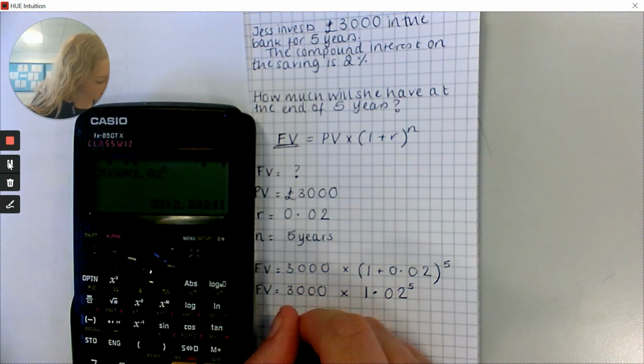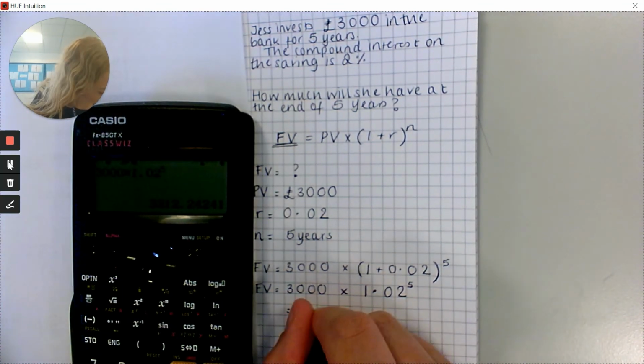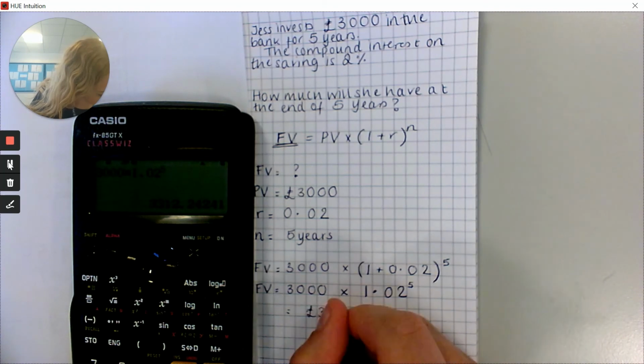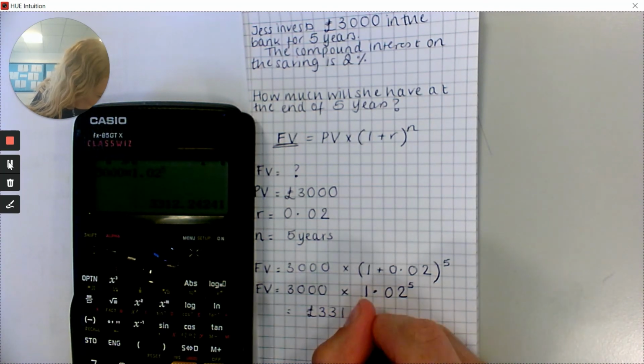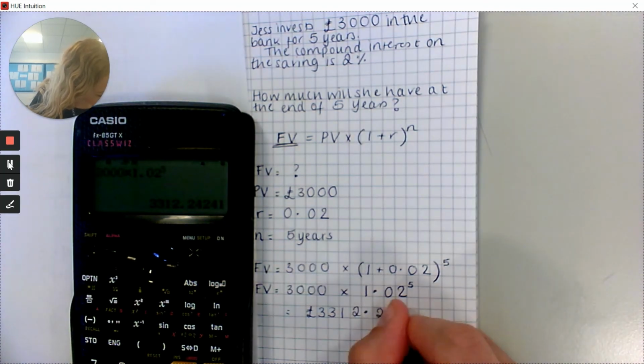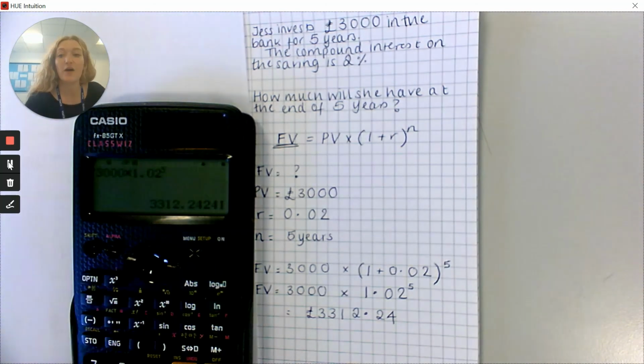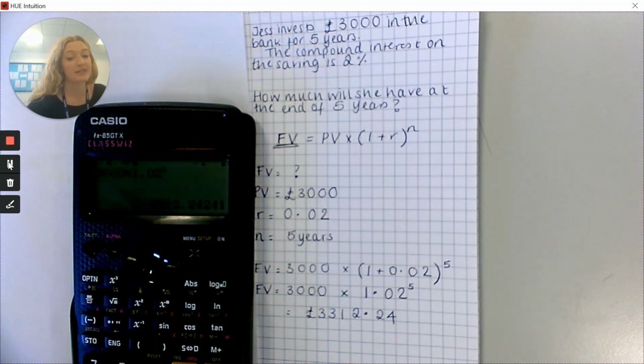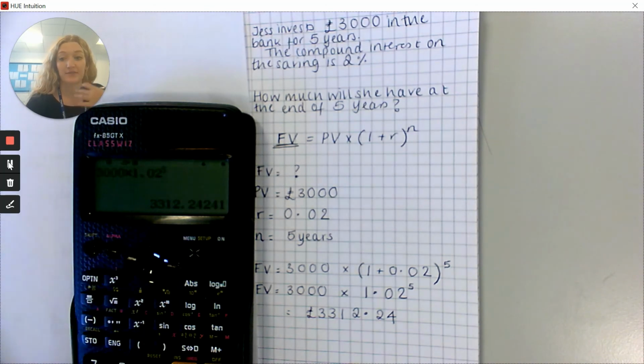So I get £3,312.24. So after 5 years, she won't have £3,000, she'll have £3,312.24, okay? She's got extra to reward her for having saved with the bank.